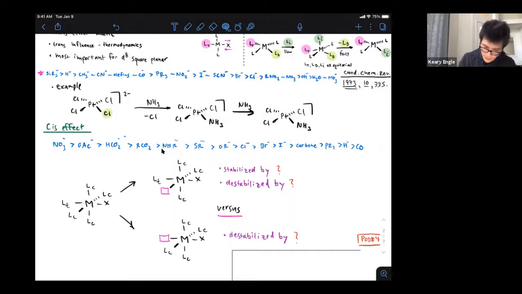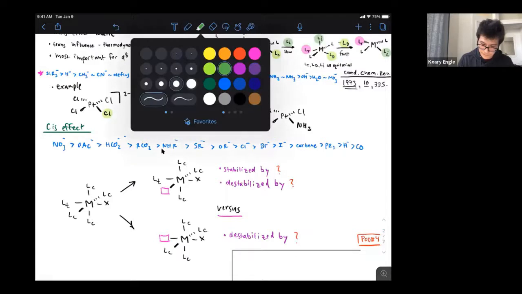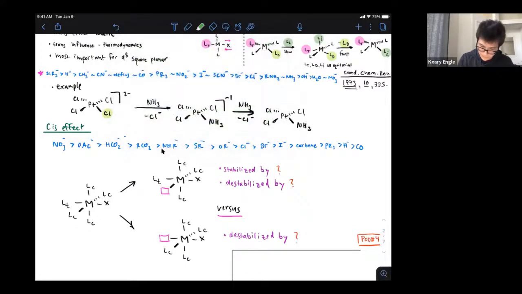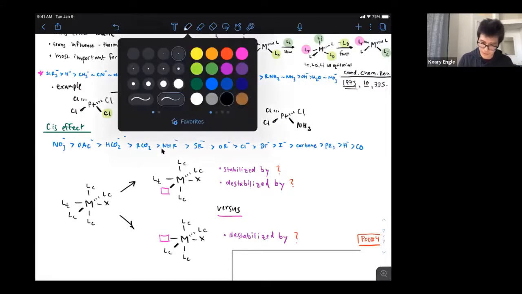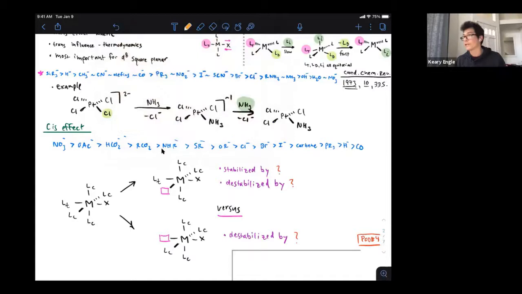So now we get loss of another chloride ligand. Now the complex is neutral. Okay, and now the key point here is that you have two potential sites of substitution that are inequivalent.